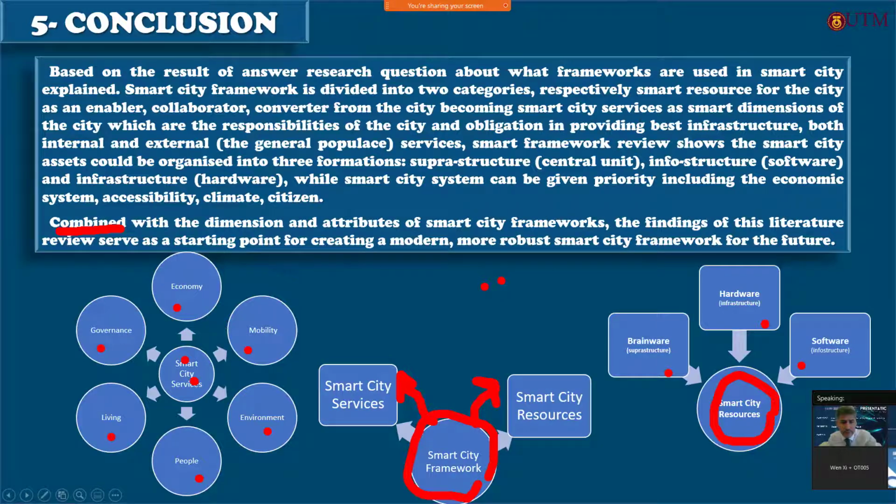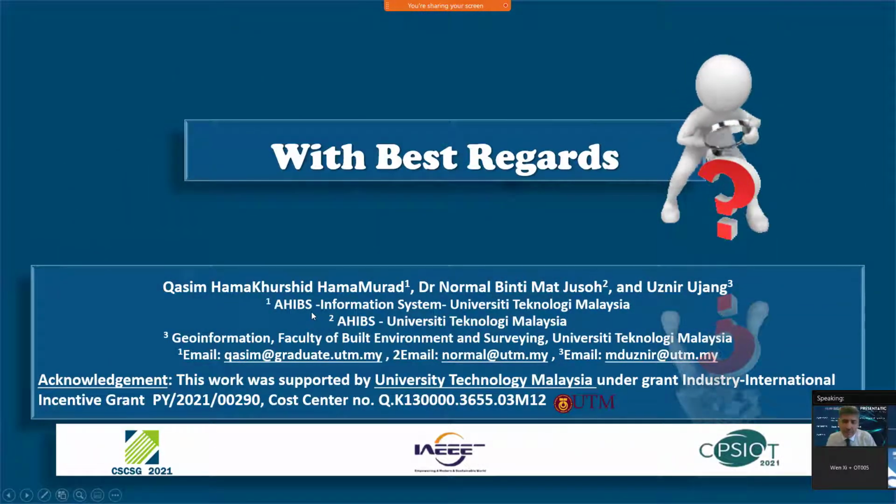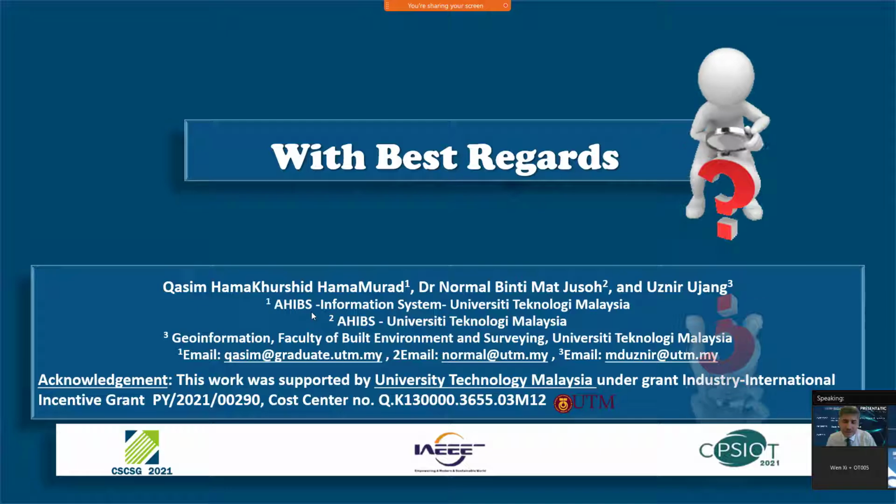So for the future, you must think about which smart city framework we are trying to make, because you must come back to smart city resources and smart city services. With best regards, thank you very much for your time. I hope it was interesting for you.